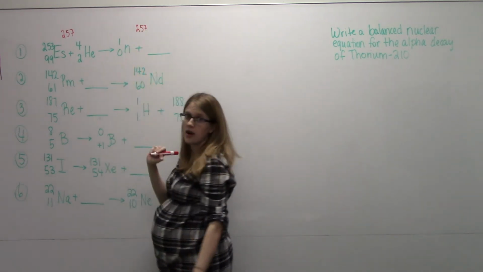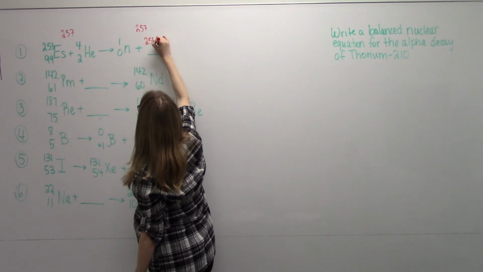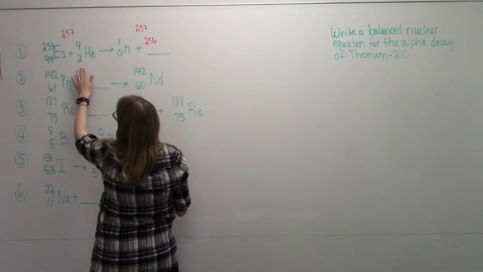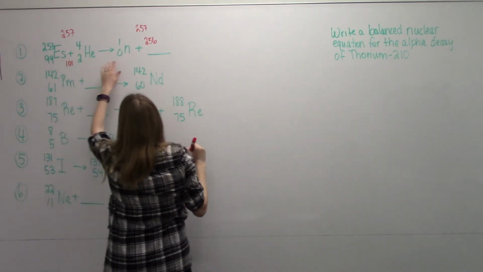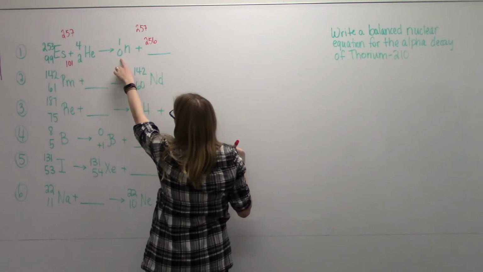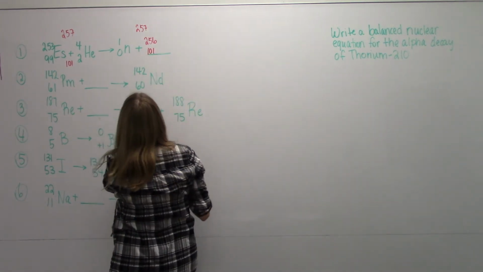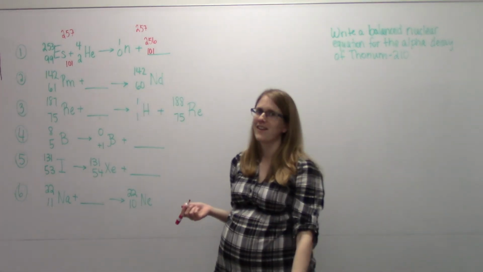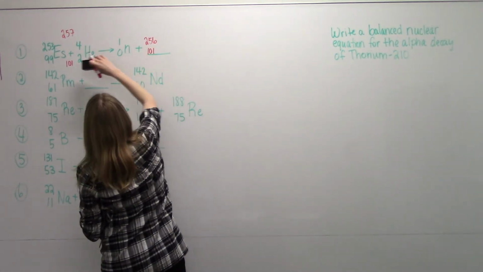There's already a 1, so that means the top needs to be 256. Now, 99 plus 2 is 101. That means on this side, when we've got a 0 on the bottom, it's got to be a 101 on the bottom. Now, some of you might be thinking, how in the world do we know what element to write? You look at your periodic tables.